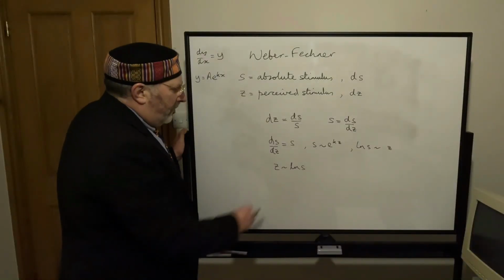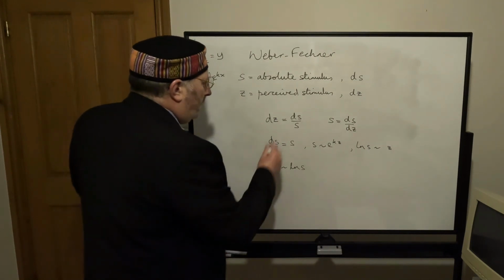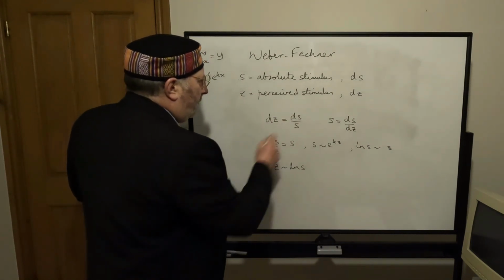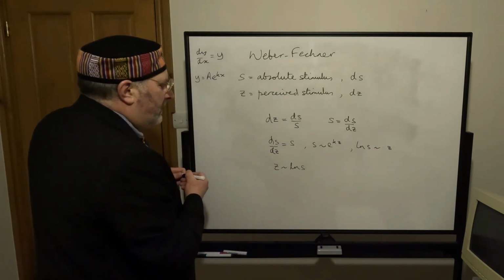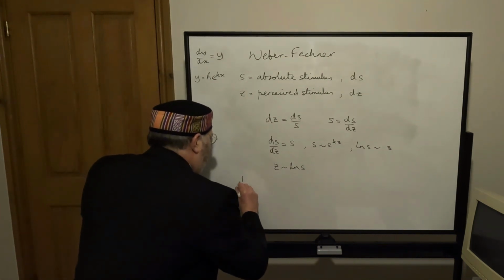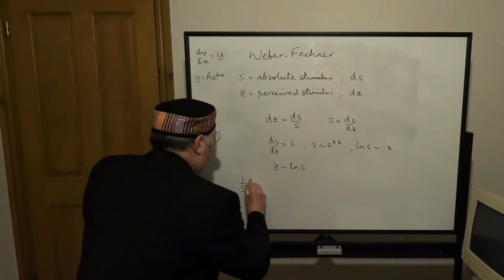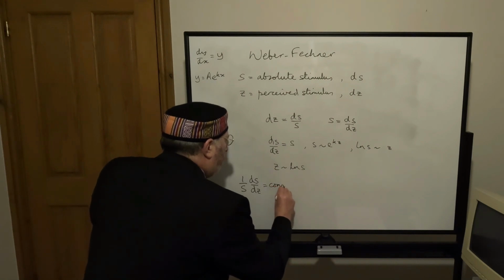Another way we could write this law, the Weber-Fechner law, is dz equals ds over S. We could also write that 1 over S ds by dz is a constant.